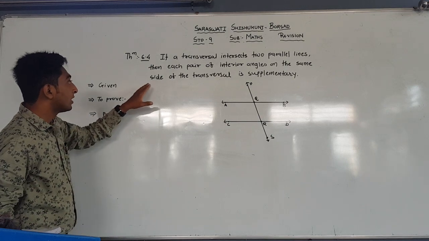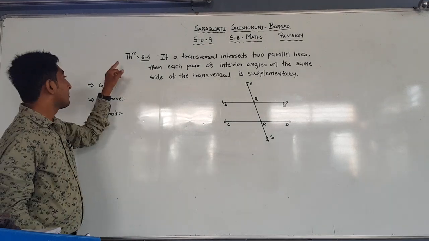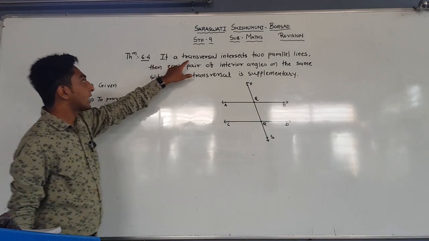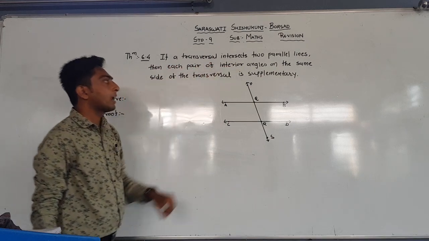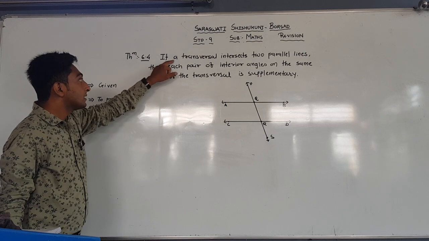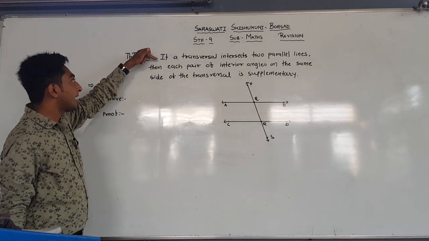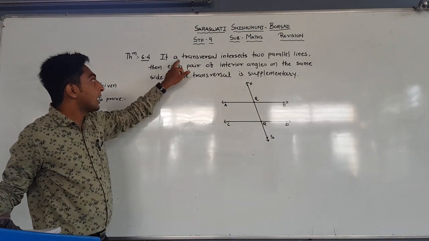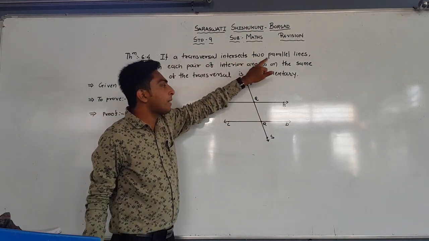Now we are moving to the other one, that is theorem number 6.4. Theorem number 6.4 is if a transversal intersects two parallel lines. That is the given statement. We know that the sentence between if and then is called the given statement. A transversal intersects two parallel lines.